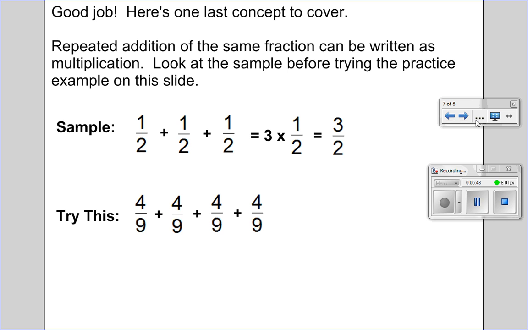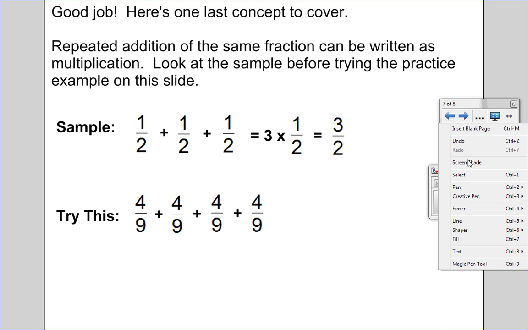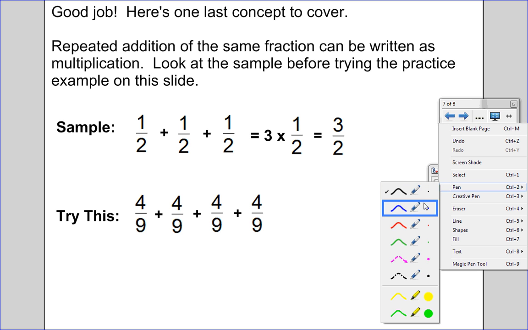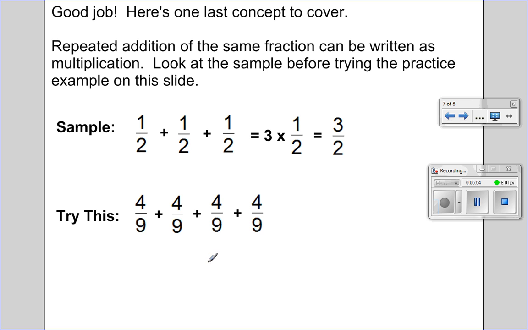All right, so let's take a look. I've got 4 of the same fraction, so it's going to be 4 times 4 over 9.